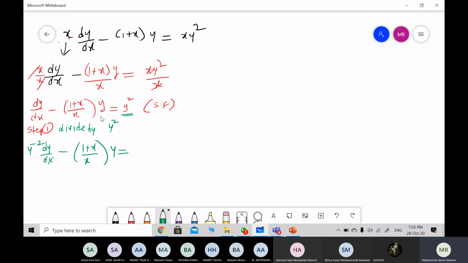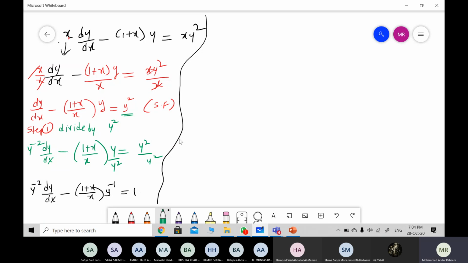This y over y square. Later, what is step 2?